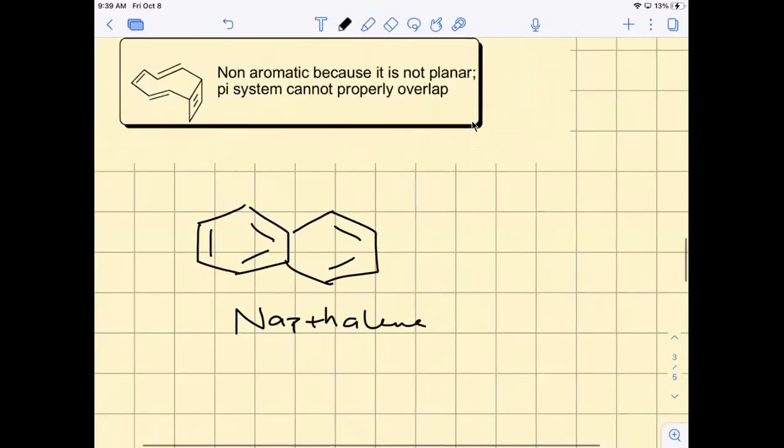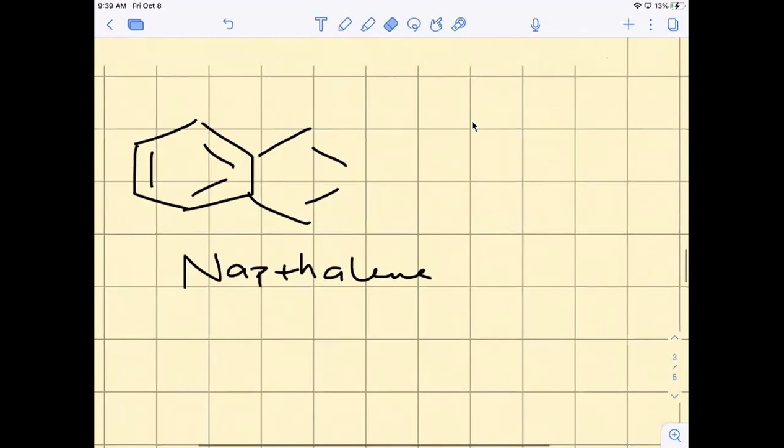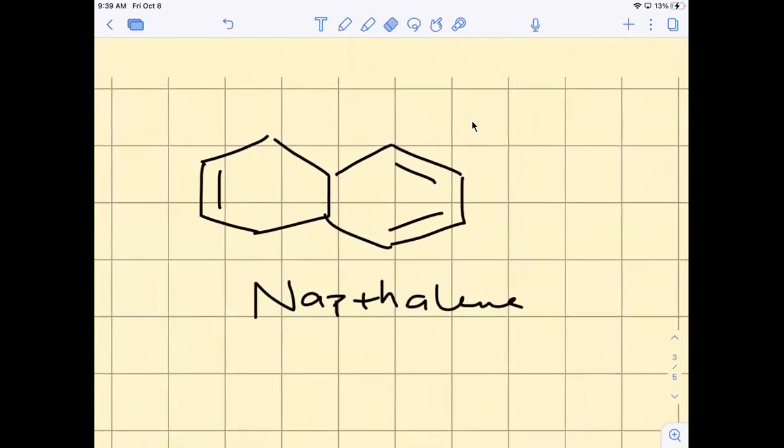So this is naphthalene. If you have grandparents that are over 70, you may have gone to their house to smell that peppermint, almost like a mint type smell in the closet. That's from mothballs. This used to be the principal component in mothballs, right?